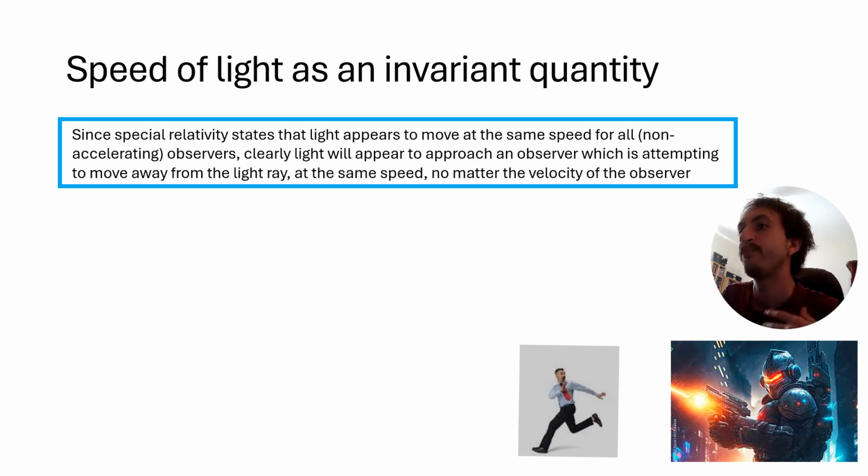Well, we can then kind of picture a particular scenario. So, in this scenario, there is an alien, and the alien is firing a laser beam towards a fleeing human who is trying unsuccessfully to run away from the light beam.